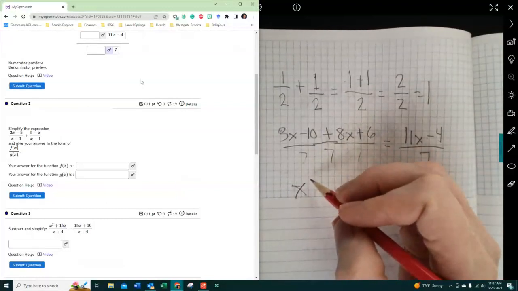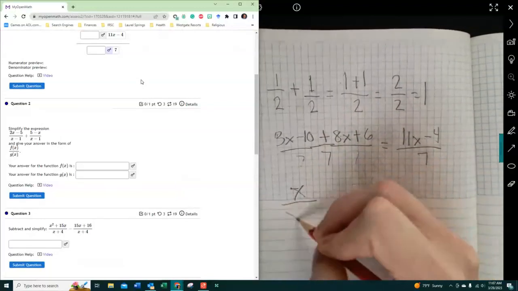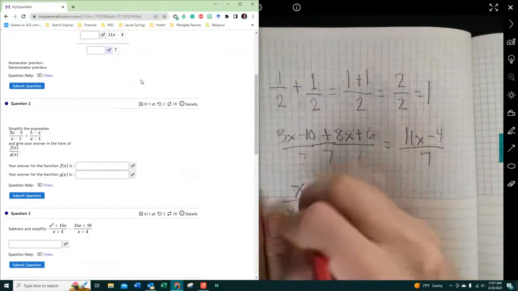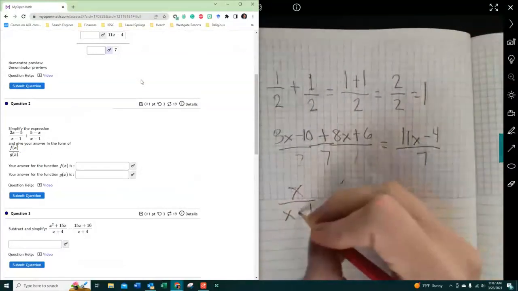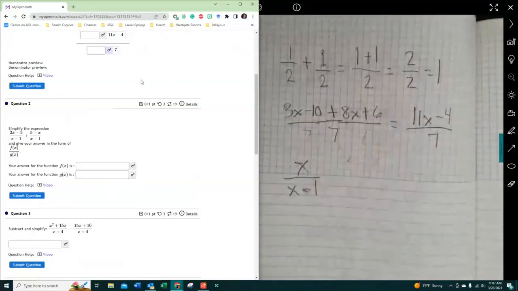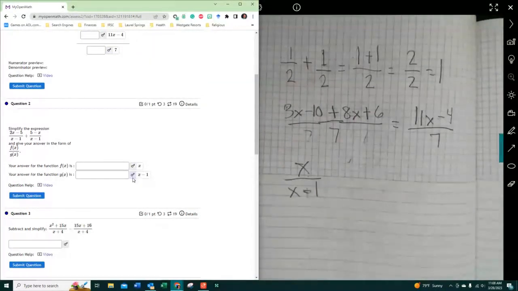And then we have -5 added to +5, which gives us 0. And then we just have x minus 1. And that's going to give us that as an answer here.